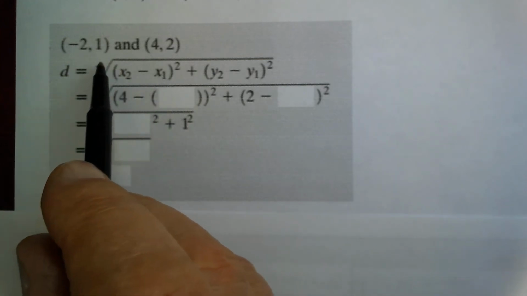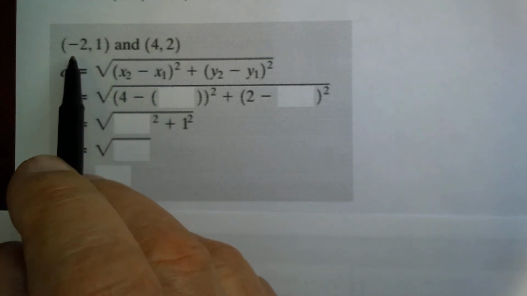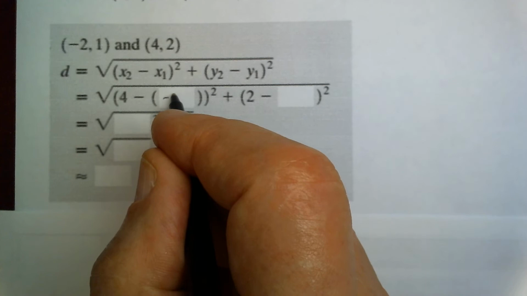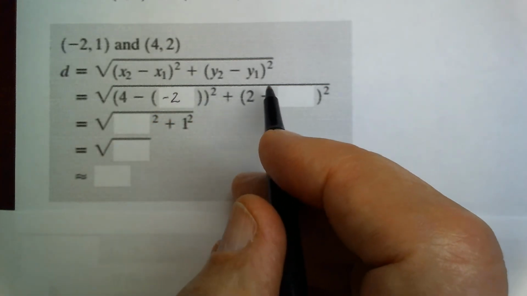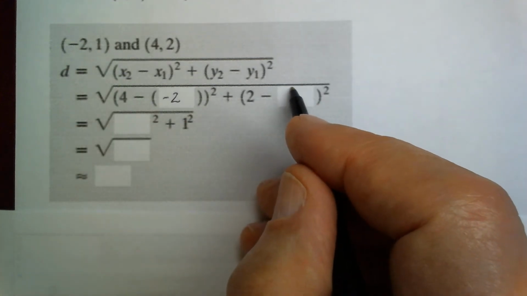So x sub 2 is taken as 4, then x sub 1 is minus 2, so 4 minus negative 2 squared, and y sub 1 is equal to 1, so 2 minus 1 squared.